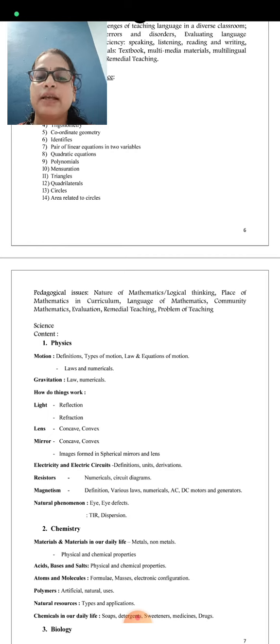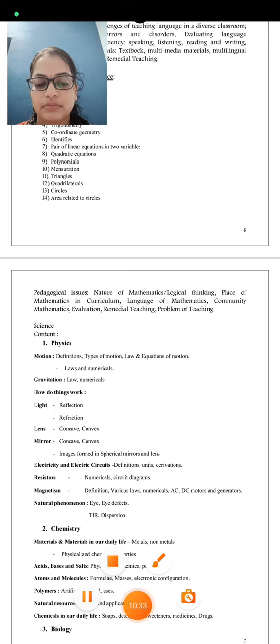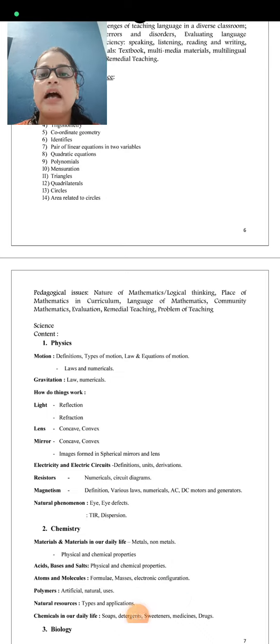Or they will first give some example and some concept, and they will ask which method we are following here. Actually, from pedagogy, they will ask application-oriented questions.